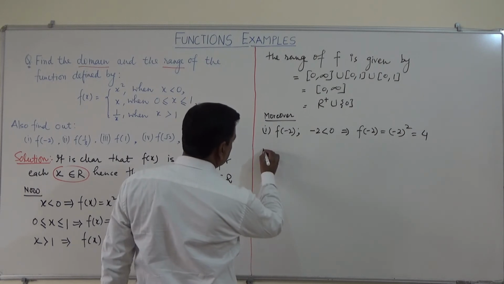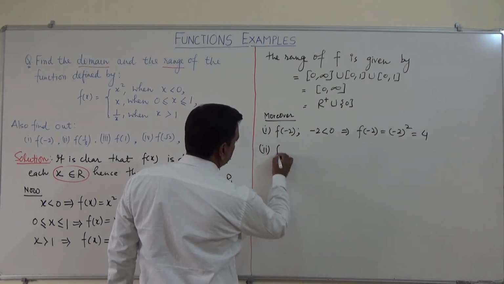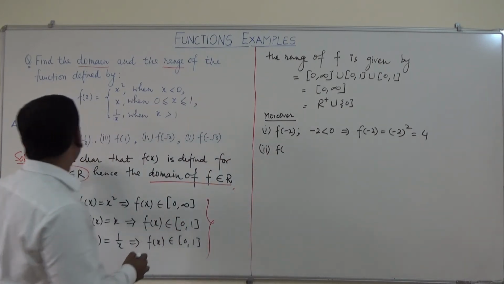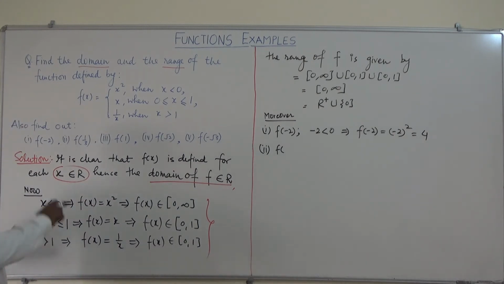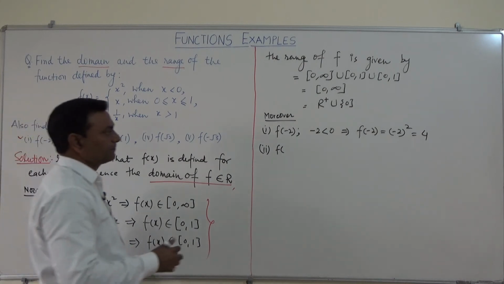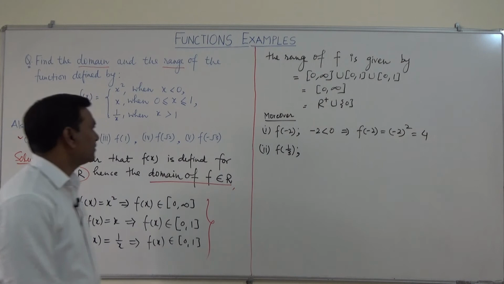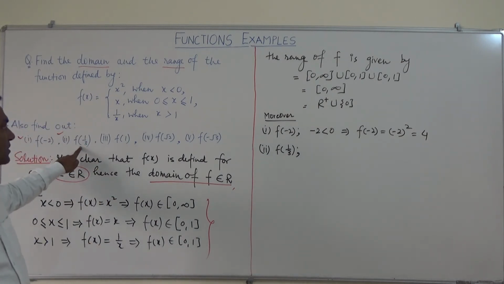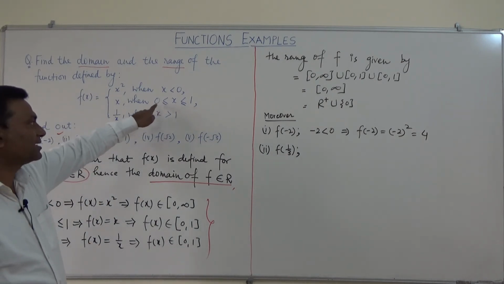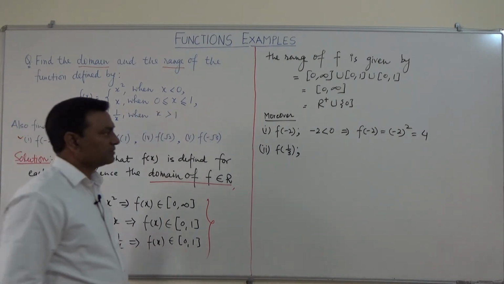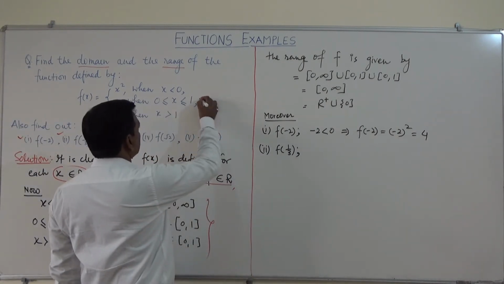Now the second is f(1/3). This 1 upon 3 will lie here because this is greater than 0 and less than 1. So we will follow this rule.